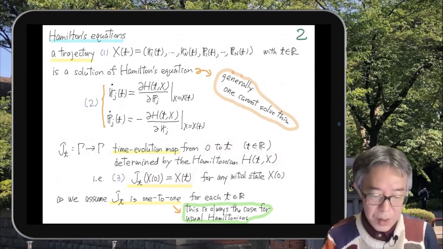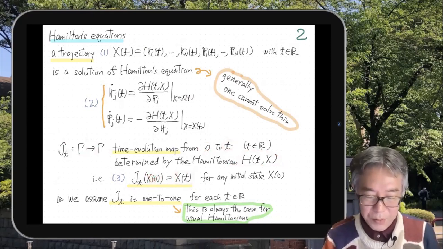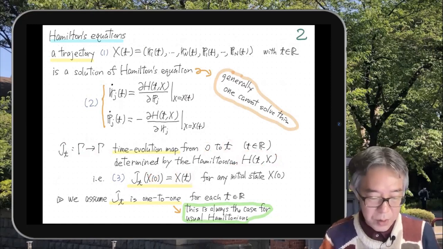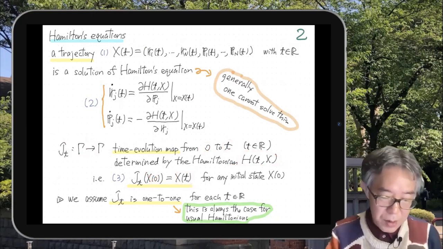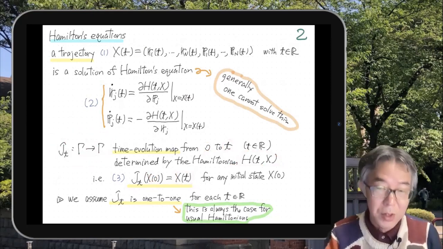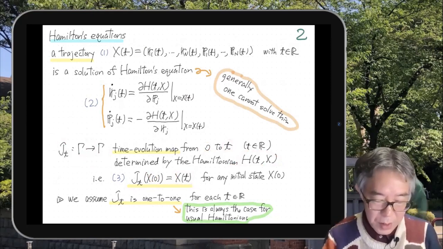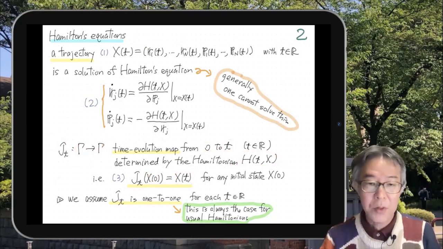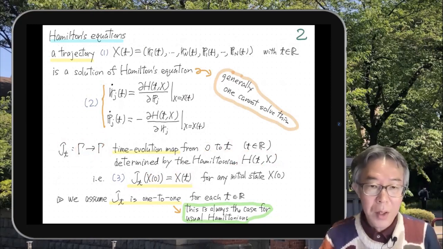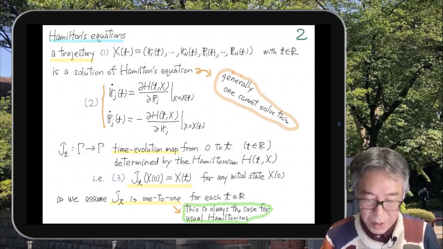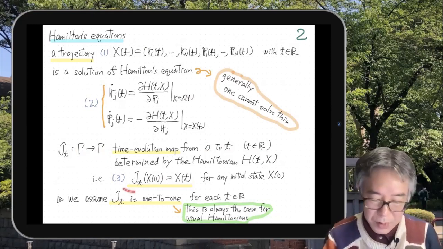Okay, so you feed any initial state, then it outputs the corresponding final state. So we assume that such a map of course exists, and we don't know the precise form, but we can use it. And we assume that this T_t is a 1-to-1 map from Gamma to Gamma, and this is always the case for usual Hamiltonians, so we can safely assume this.